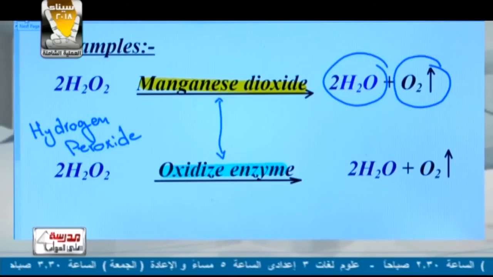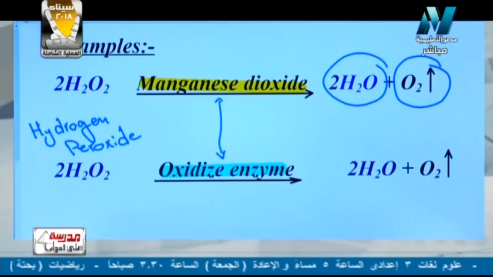Okay, can we tell the difference between catalyst and enzyme? Is there a difference between them? A catalyst can be non-organic, meaning a substance like manganese dioxide. But the enzyme is an organic or natural catalyst, something natural inside the living organism. For example we have amylase enzyme, and we have things we will take later in biology.